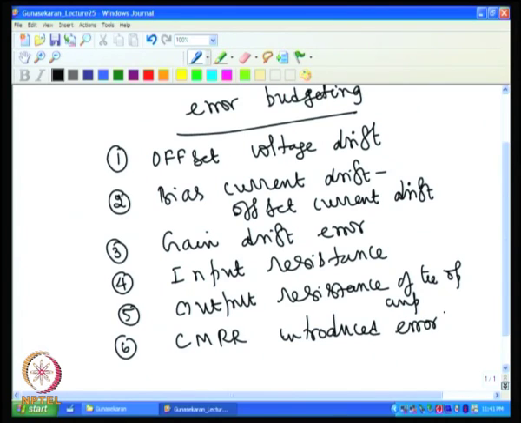Then input resistance error, gain error. So, these are the various errors as far as DC signal is concerned. There are other errors associated with AC signal processing, that we will see separately at some other time when we are dealing with the AC applications of the operational amplifier.